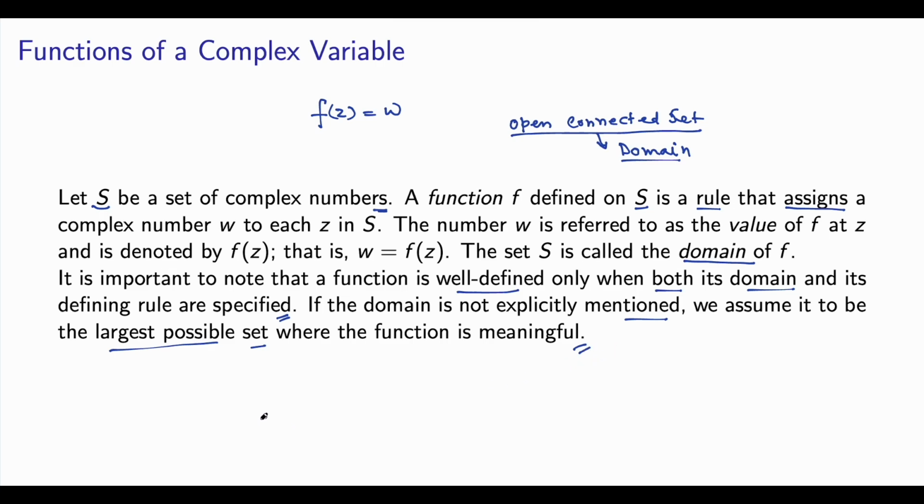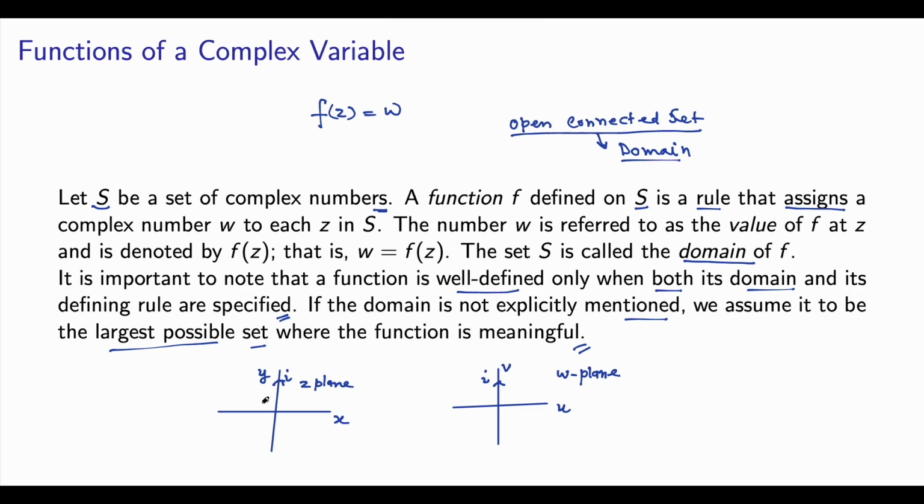So if I'm talking about the z plane, with x and y, this is the imaginary axis, and in the w plane it will be u and this is v, the imaginary axis. So this is the w plane.